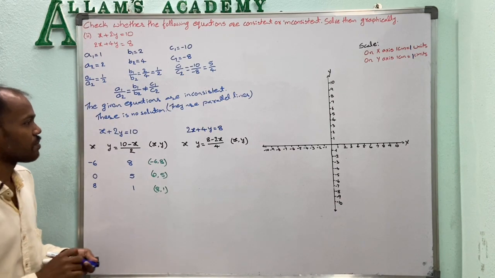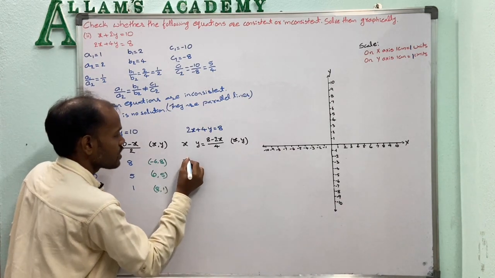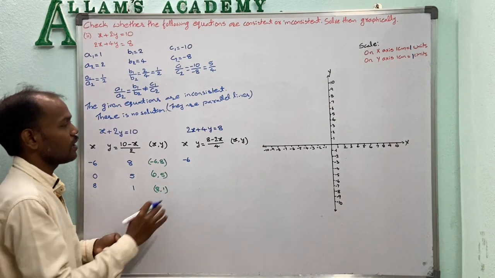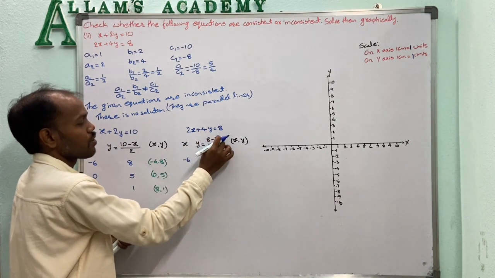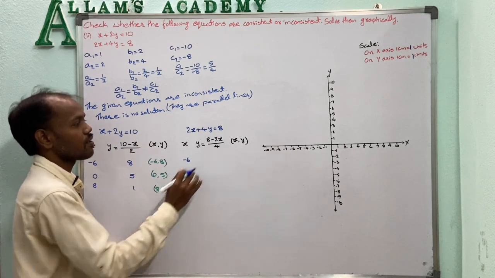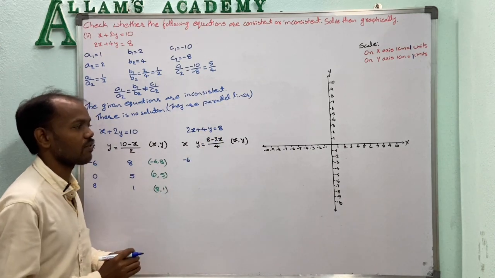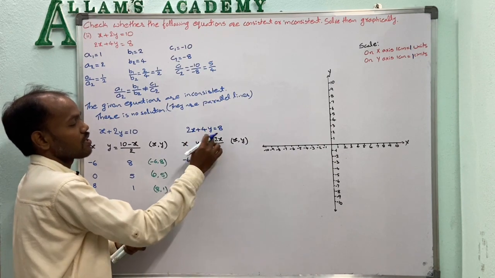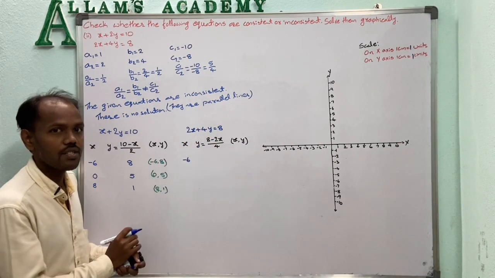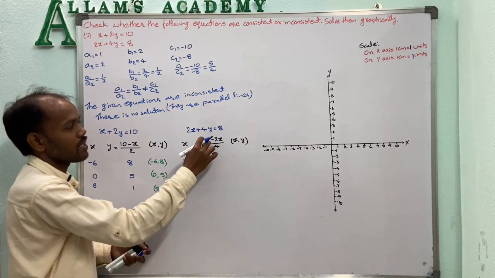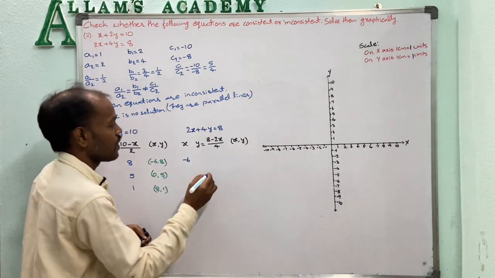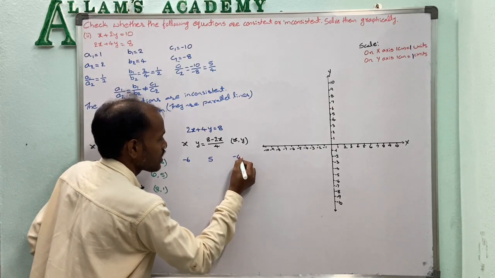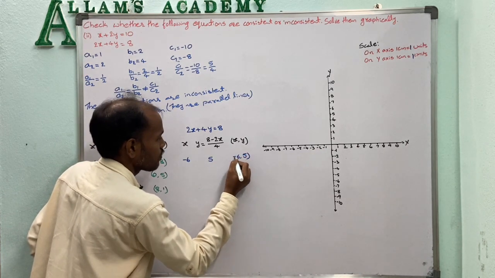If we substitute minus 6, 8 minus 2 into minus 6, that is 8 plus 12 equal to 20, 20 by 4 equal to 5, so minus 6, 5.